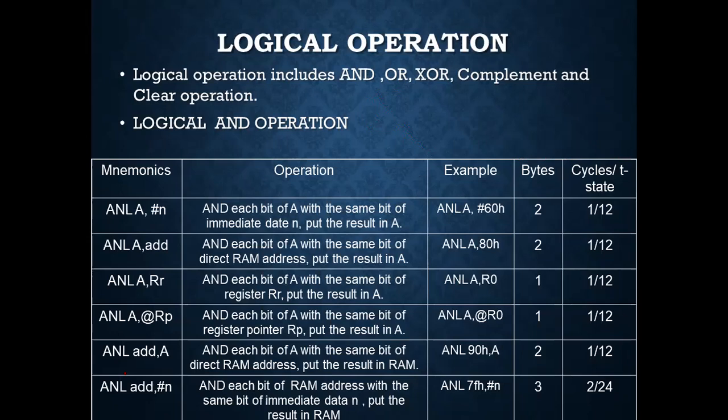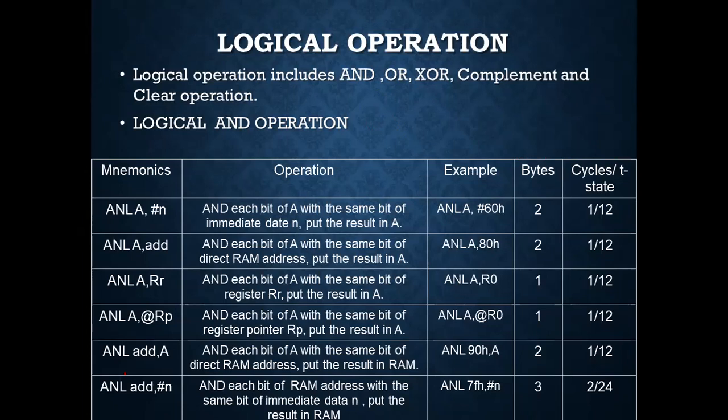In the third instruction, same as the data move instructions, it ANDs each bit of the A register with the content of this particular R register. That means Rn means R0 to R7, any register in the register bank, and the result will be stored into the A register.